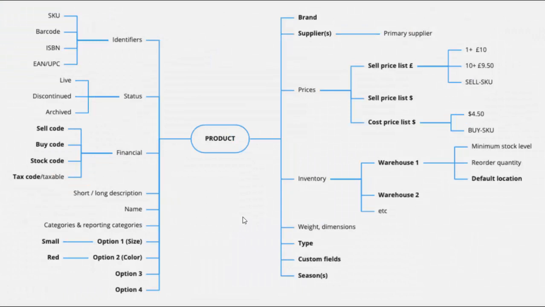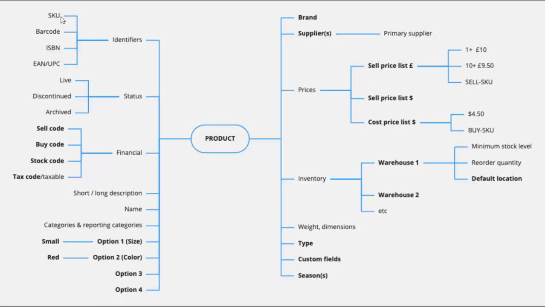Here's how products are made up. The bold items are other objects in Brightpearl which can be configured to your own needs. Products are identified by a number of fields, including an internal database ID which is used on the API. The SKU is the one you'll use most in day-to-day business operations. It's intended to be the unique identifier for a product when linking items in Brightpearl to items in other systems such as sales channels.